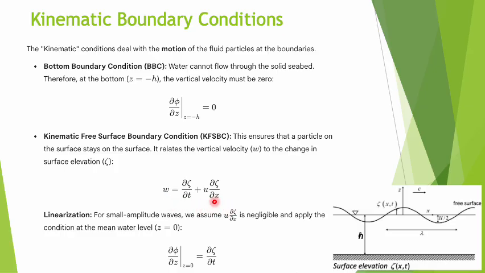Higher order terms become negligible, and the kinematic boundary condition at the surface reduces to this expression, which shows that the vertical gradient of the velocity potential at the free surface is equal to the time derivative of the surface elevation. From this relation, we see that the surface elevation zeta can be directly linked to and represented through the velocity potential phi.